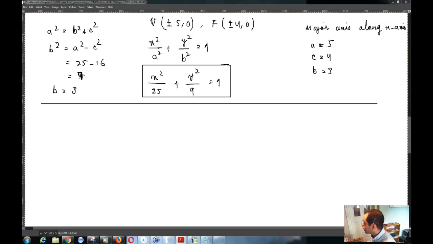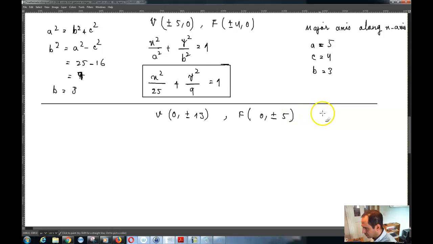So the next question that we have is, for example, let's say that your vertices are at 0, plus or minus 13, and your foci are at 0, plus or minus 5. So as you can see, these are all along the y-axis, the vertices and the foci.